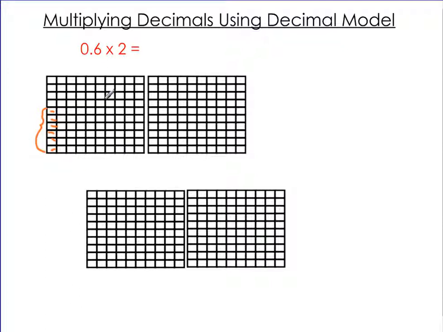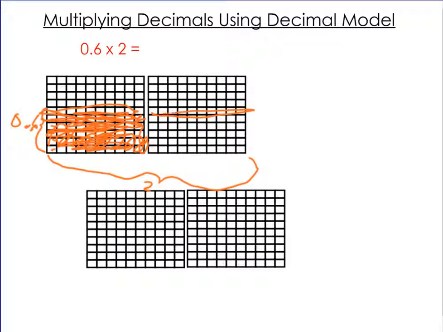So I would completely shade 0.6, and then I will need 2 whole rows of that going this way. I have to do 2 of those, so I'll have 6/10 shaded here, and 6/10 shaded here.